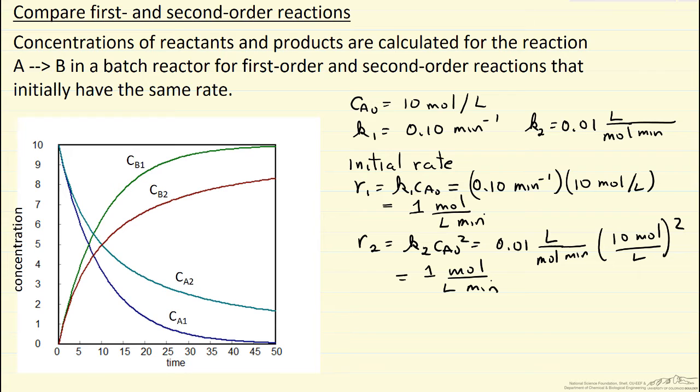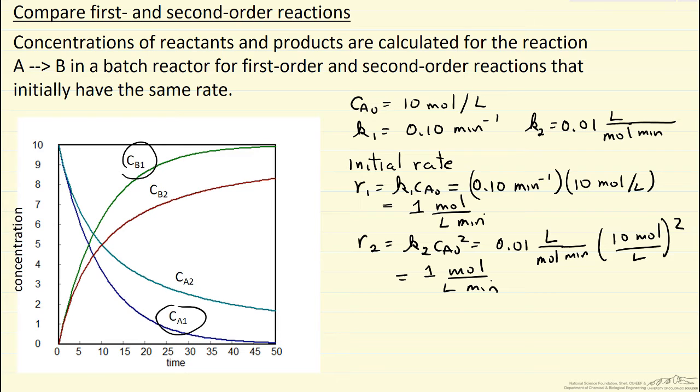So you can see the initial rates are the same, but as the reaction proceeds, the concentration of A for the first order reaction decreases faster. The rate that product is made in the first order reaction is higher, and so the concentration of B increases faster with time.